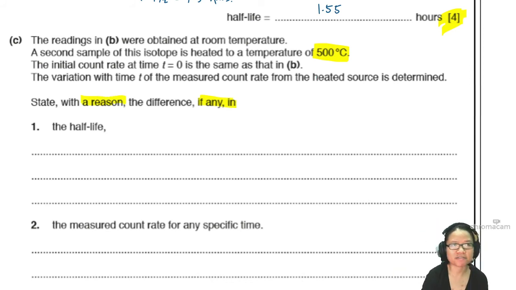So let's think about the half-life. You understand that this entire reaction is random and spontaneous, right? So because this is spontaneous, it is independent of environment. So the half-life will have no change.